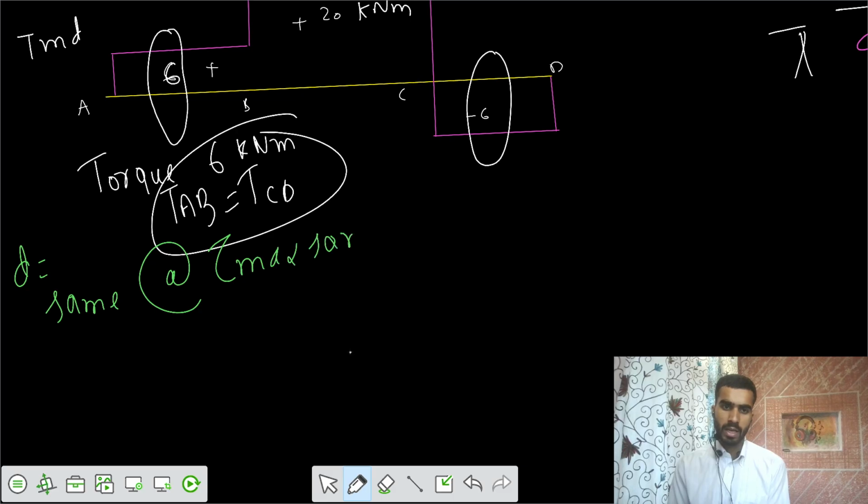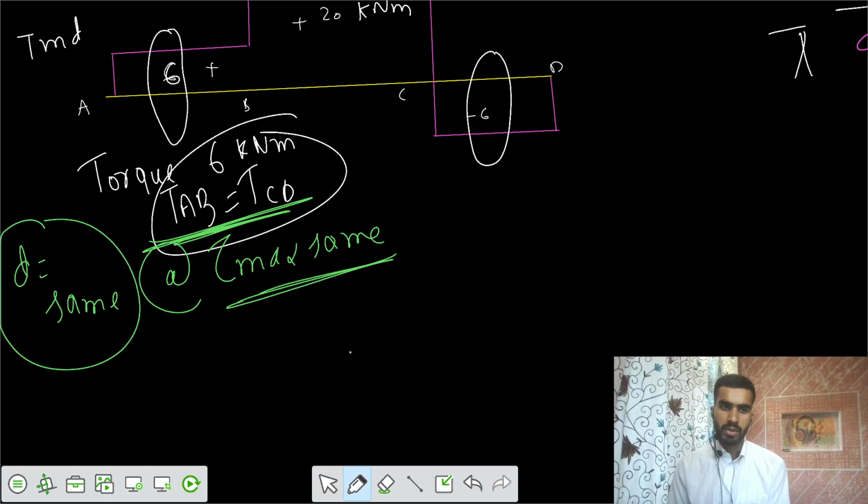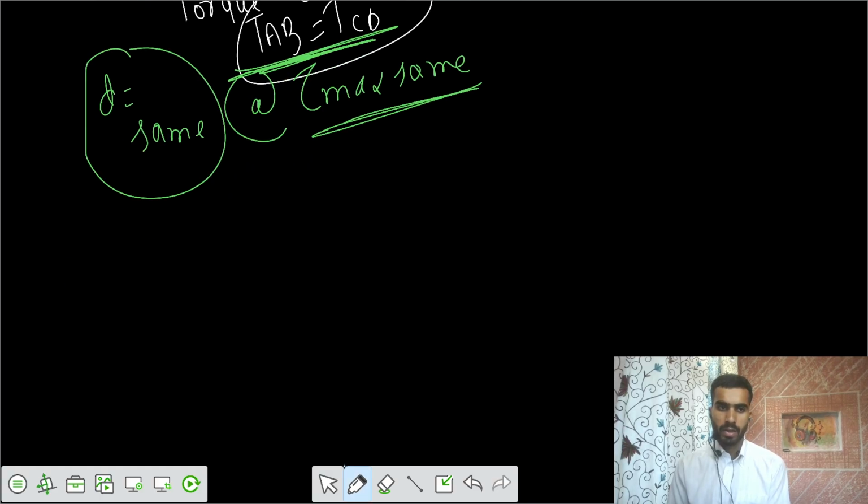Because tau max is also the same, for the same torque and same tau, you can have the same diameter, because from the equation we have tau equals 16T upon pi d cube.